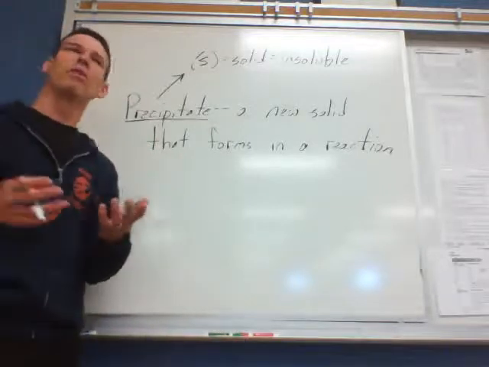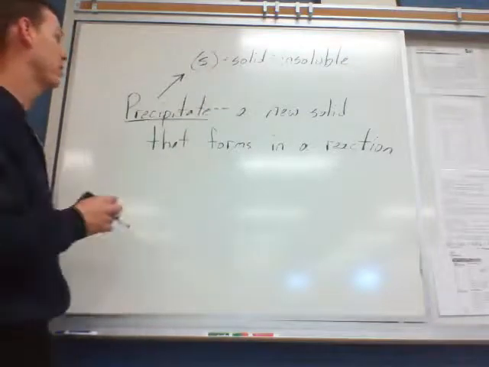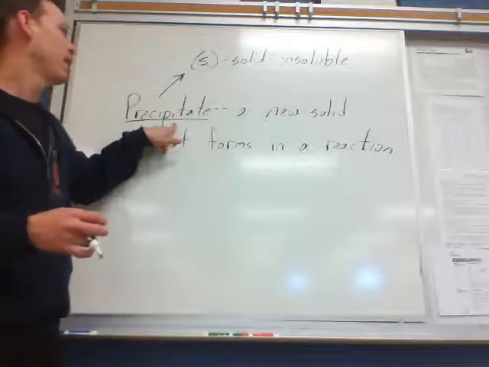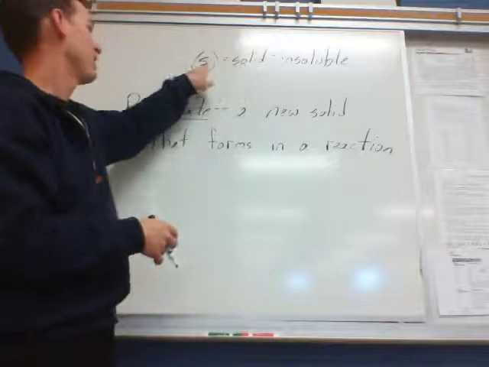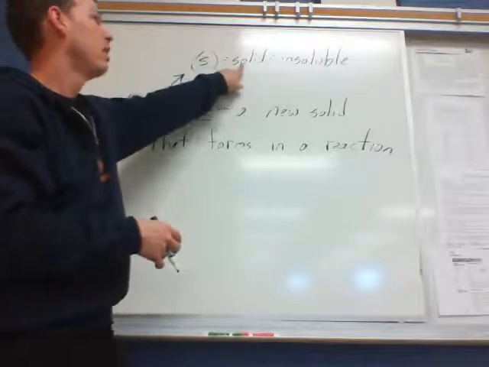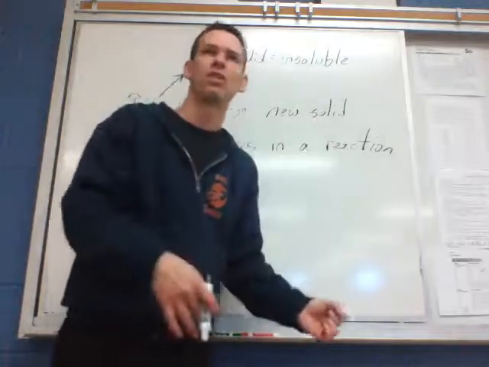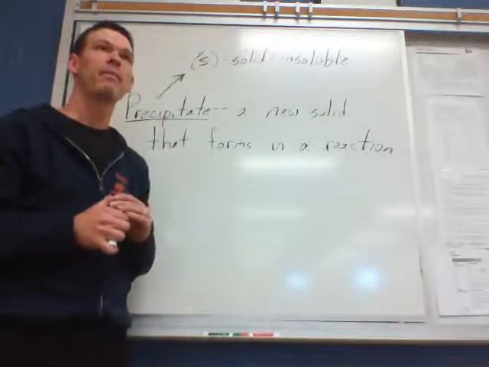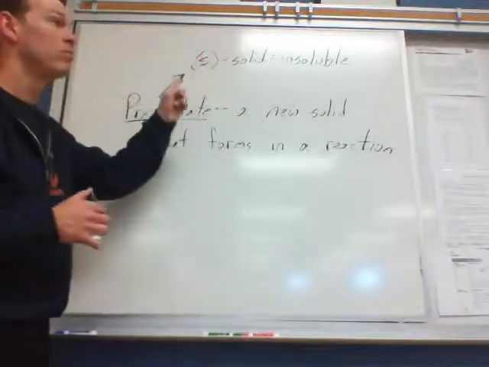So certainly one of the vocab things you want to start off with today before I show you these precipitation reactions is that there will be a precipitate, which is very simply the solid that is one of the products. It will be labeled with this S to show that he's solid, which means that he's insoluble. He wasn't dissolved into a solution. But there's two products. That's one of them.